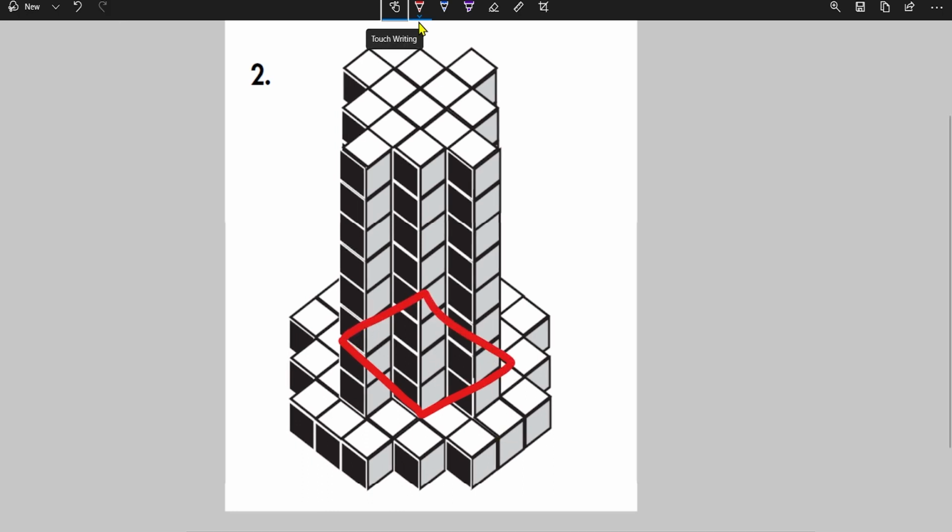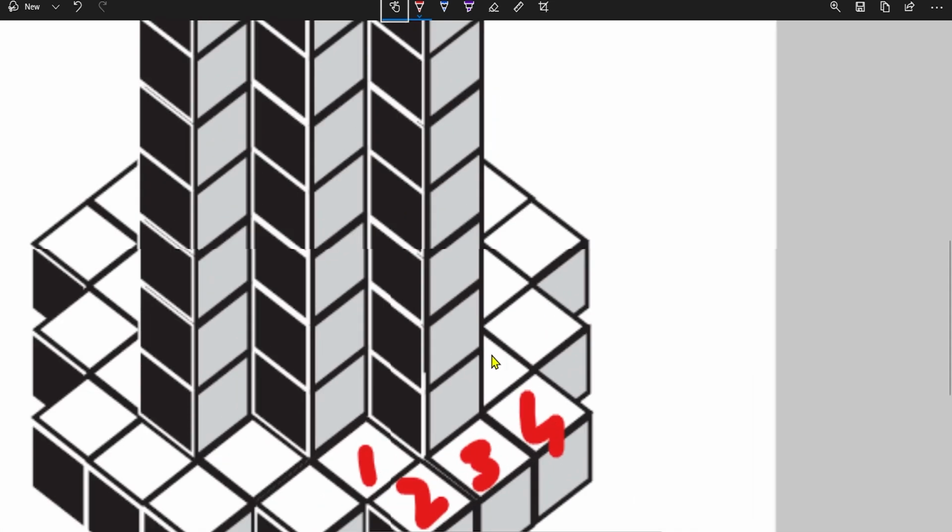So what is extra is these 6 over here, because this cube is resting on one cube, so that is also considered. This is number 1, 2, 3, 4. This one at the back is 5. And what this cube is resting on is number 6. So these 6 are at the bottom.